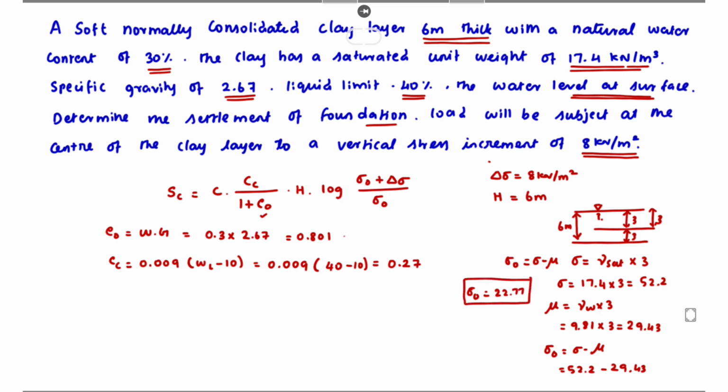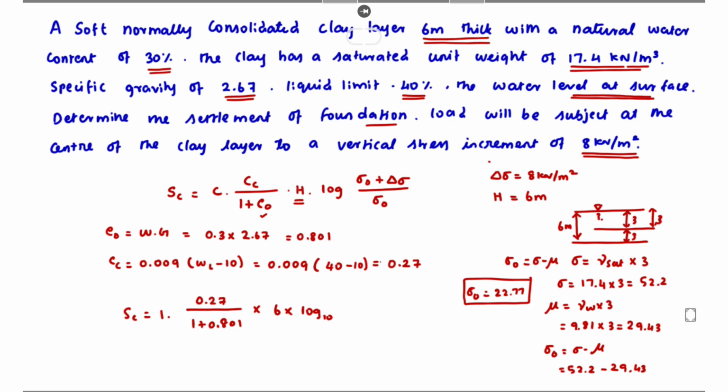Okay, so now we know all the values in the formula. So now we can directly substitute: Sc equal to C value is 1, into Cc value is 0.27, divided by 1 plus e naught value is 0.801, into the thickness of the layer is 6 meter, into log. Here we cannot take the 3 meter; here it is the thickness of the compression layer.